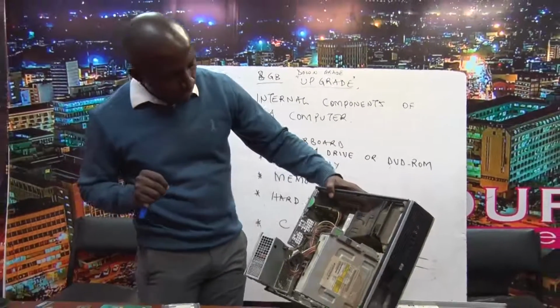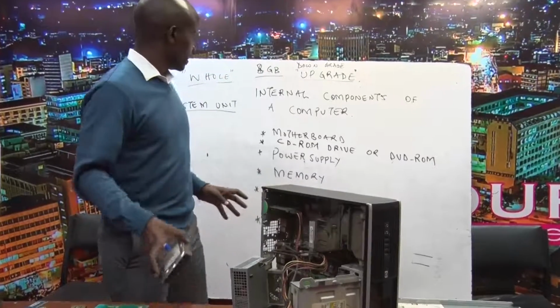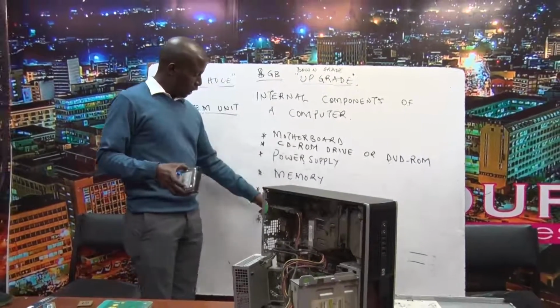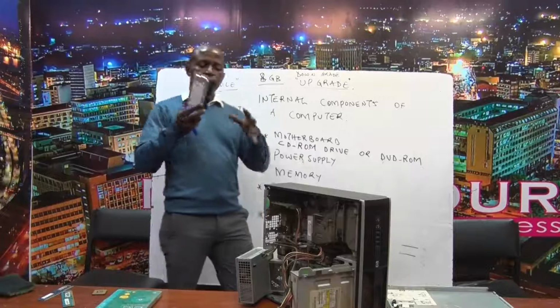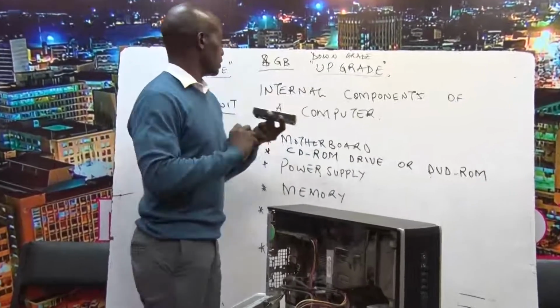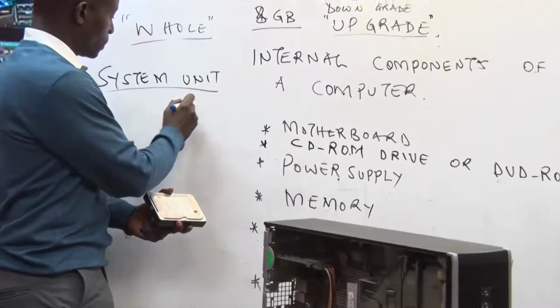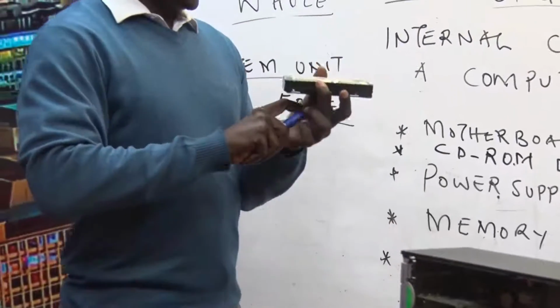Another very, very important component, when you talk about storage, is what we refer to as the hard disk drive. And this is my hard disk. This hard disk that I'm carrying here is of what capacity? The hard disk is 500 GB.